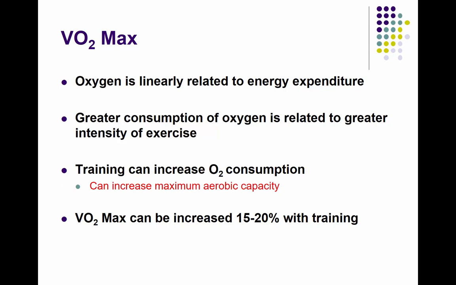So oxygen consumption is also linearly related to the energy expenditure. I already explained this: oxidizing nutrients requires oxygen. So if you burn or oxidize more nutrients, particularly fatty acids, you need to utilize more oxygen.